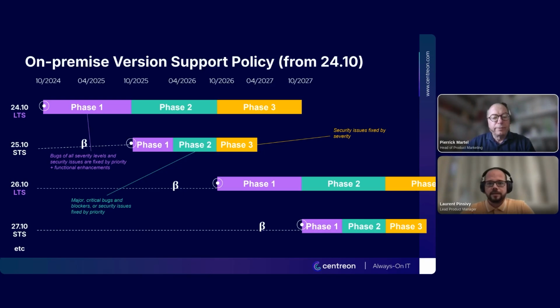All right. So there will be no 25.04 in April next year. The next major release will be 25.10 in 1 year from now, but there will be a service pack at the same time based on 24.10.